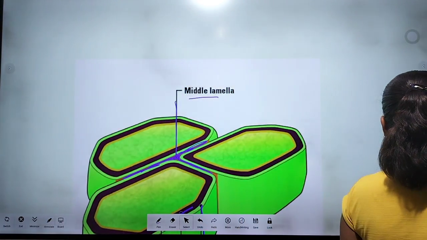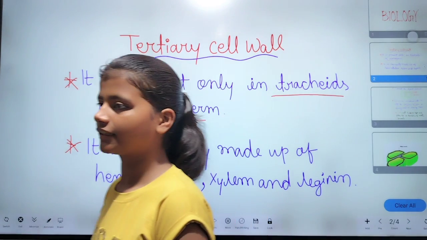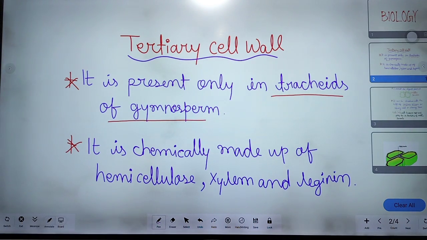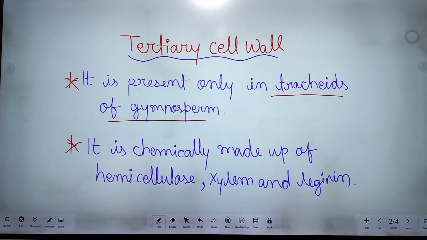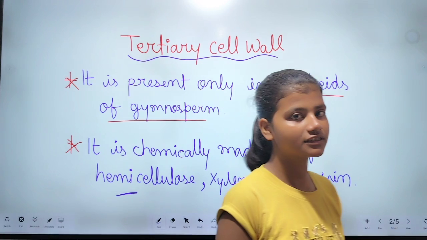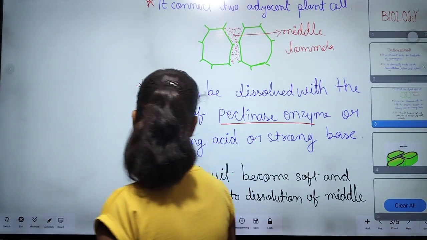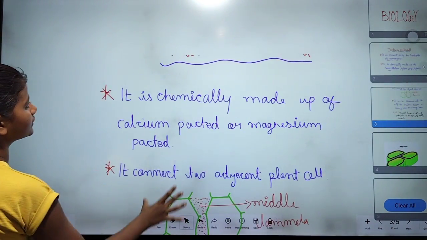So in this video we discussed tertiary cell wall, that it is only present in the tracheid of the gymnosperm and is chemically made up of three things: hemicellulose, xylem and lignin.